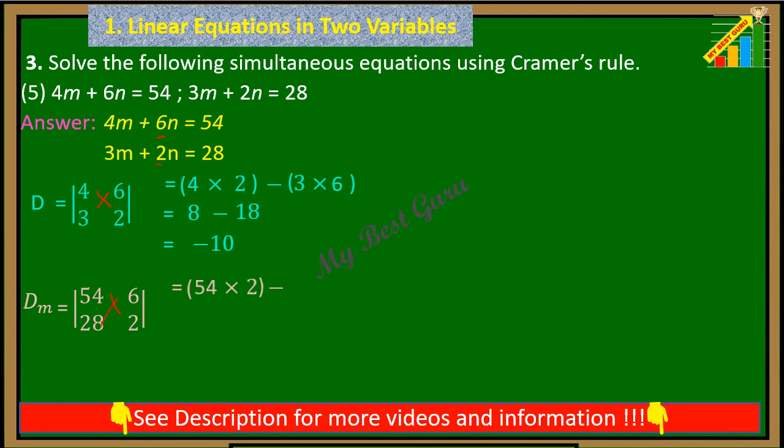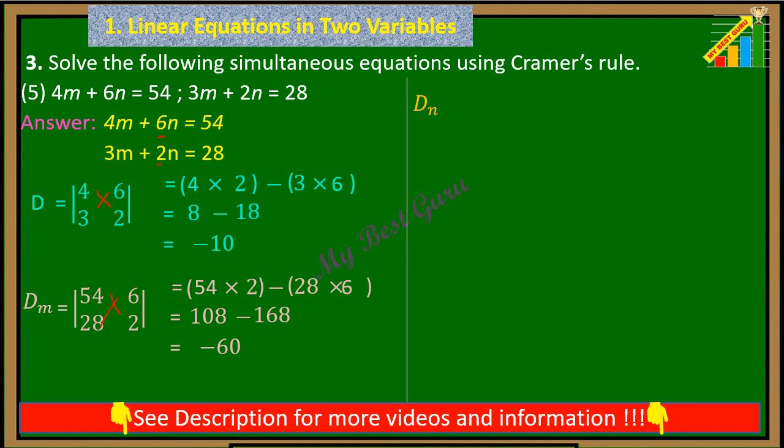So 54 multiply with 2 minus 28 multiply with 6. So 54 multiply with 2 is 108, minus sign as it is, 28 multiply with 6 is 168. So 108 minus 168 is minus 60.